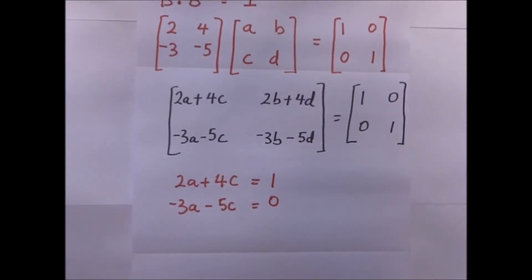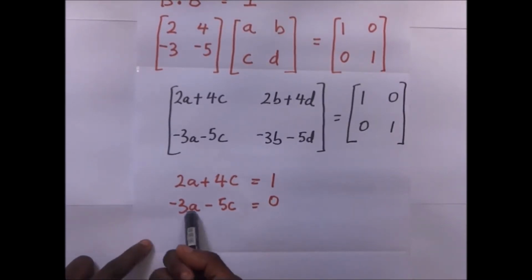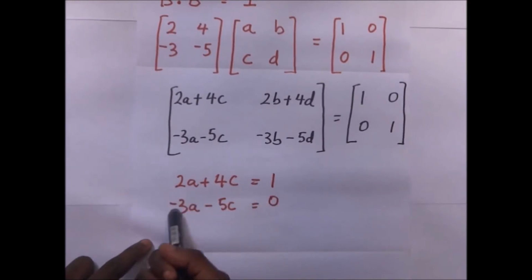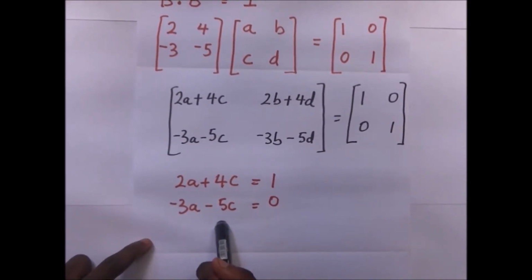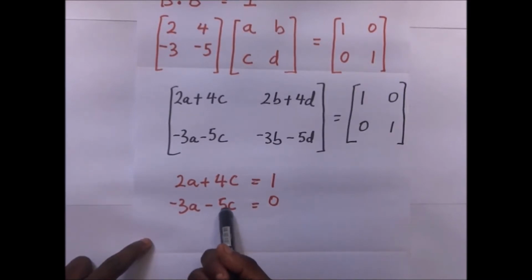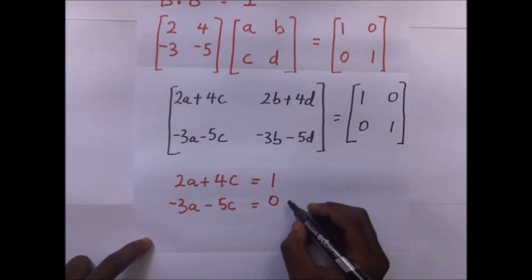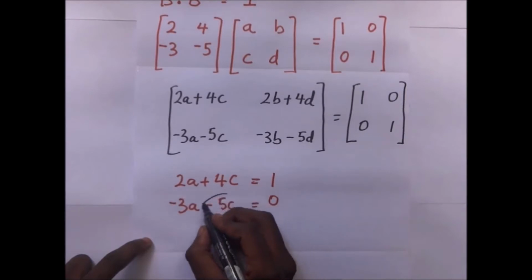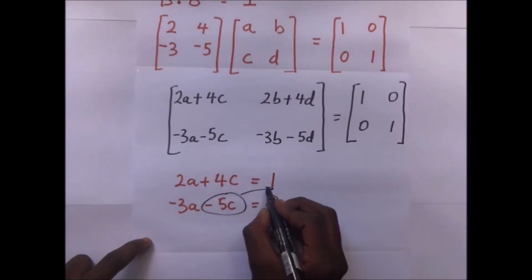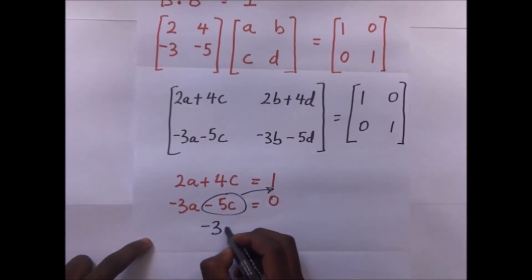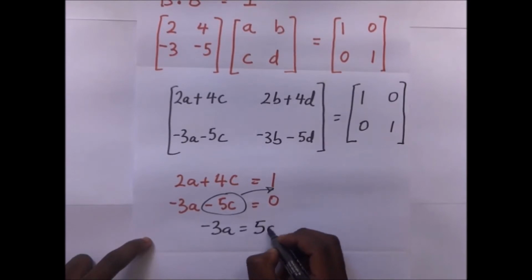When we find the values of A and C, we can use the substitution method. We make one of the unknowns the subject of the formula. Let's make C the subject of the formula. So when we transfer this to that side, it becomes negative 3A is equal to 5C.